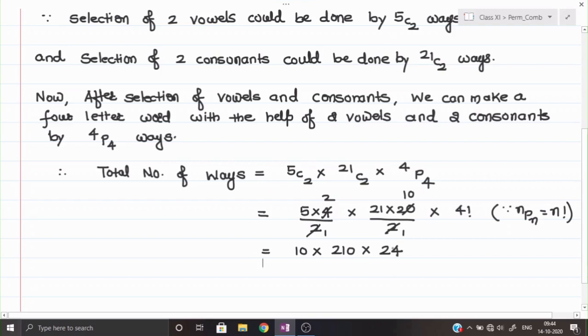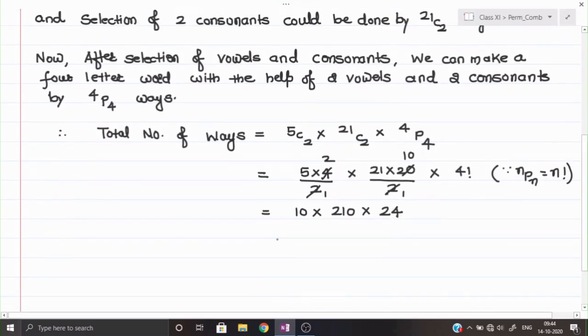Okay, so now we can multiply here. 21 and 24 we need to multiply and put 2 zeros at last. So 21 4s are 24, 4 carry 8, and 21 2s are 42 plus 8, that will be 504, and 2 zeros will come. So this is your answer to the given question.